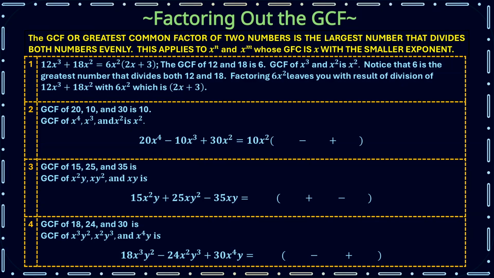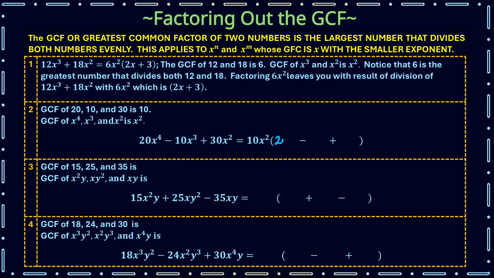To factor it out, we're going to simply divide every term by 10x squared. So 20 divided by 10 is going to leave you with a 2. We have x to the 4 divided by x squared.